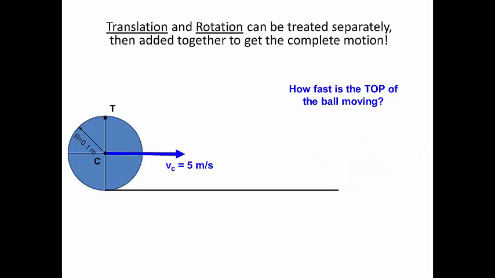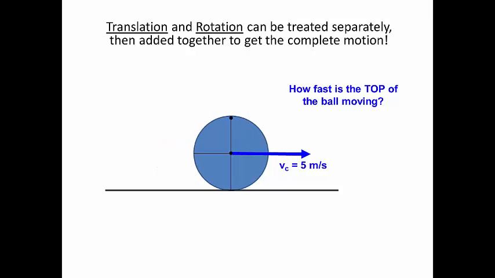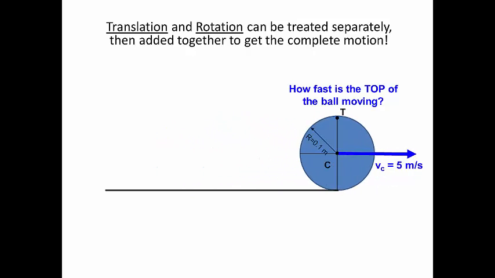We can look at translation and rotation separately and then add that motion together to get the complete motion. So if we look at just the translation and then add to that the rotation, we can get a characterization of the motion. We do this using superposition and our relative motion equation. First of all, let's look at the velocity due to the translation only.